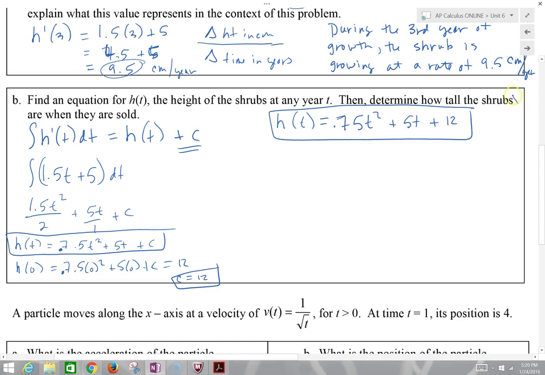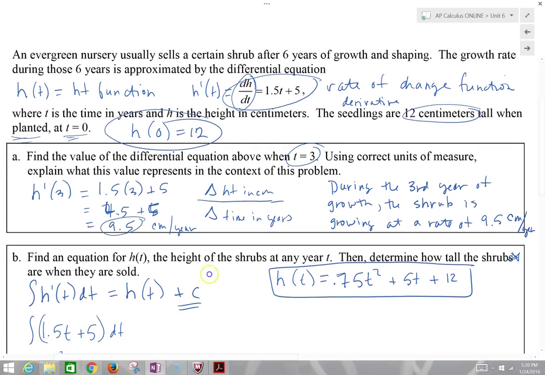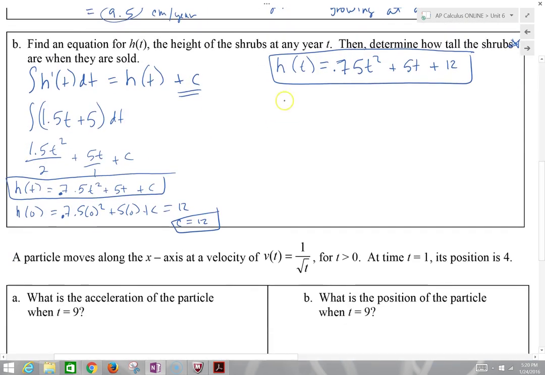And it says determine how tall the shrubs are when they are sold. Well, we'll go back up. When were they sold? After 6 years. So when they're sold, we want h of 6. H of 6 equals 0.75 times 6 squared plus 5 times 6 plus 12.